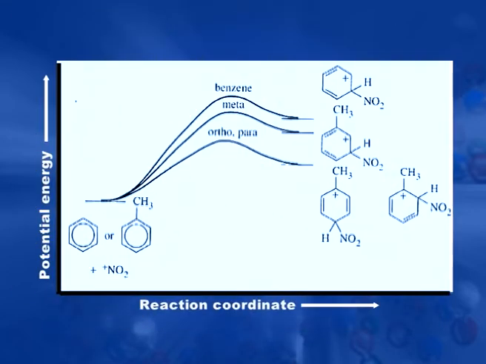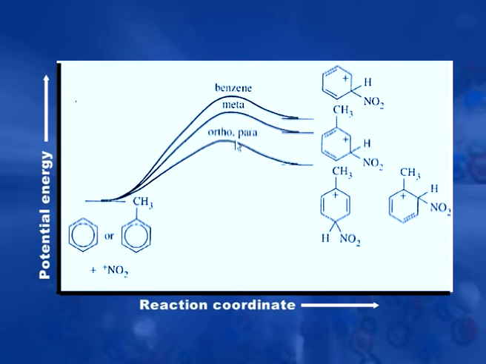So, now we can see the E activation curve for a reaction. This first curve is for benzene and these two are for toluene where the methyl group is present. Because the methyl group is electron donating, E activation is less than benzene.